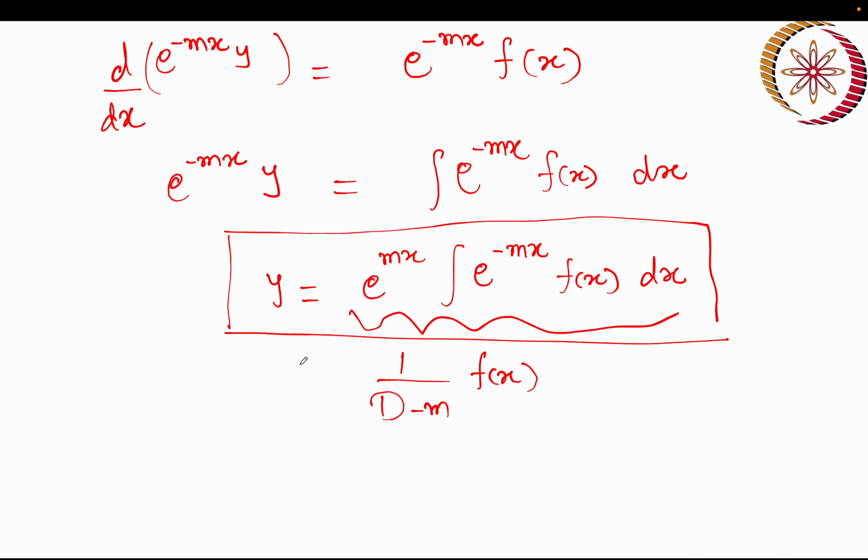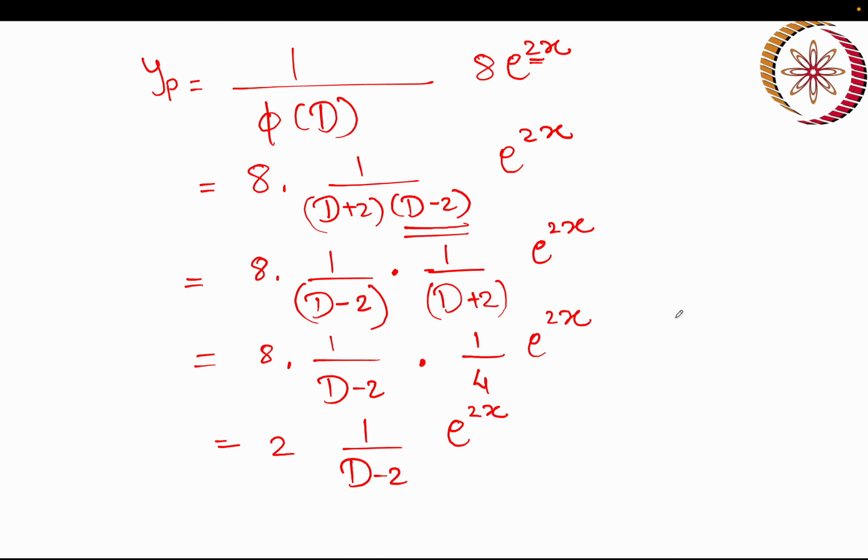This is the form which is the basic equation for whatever shortcut methods have been developed. It is an important form. You can practice with that, and there are methods which can be used directly, such that whatever we are using here, we can directly substitute, and all this has come from the same equation.